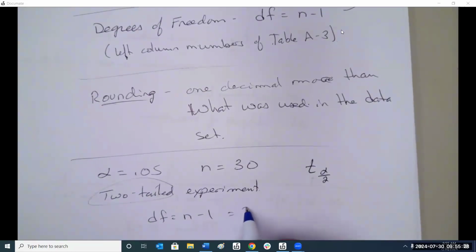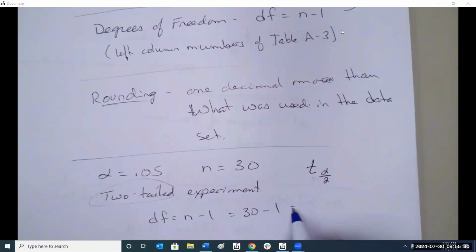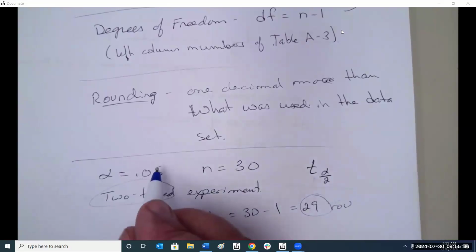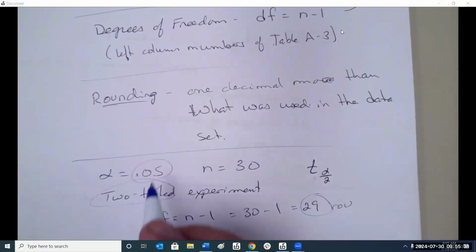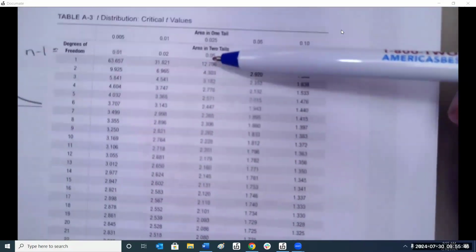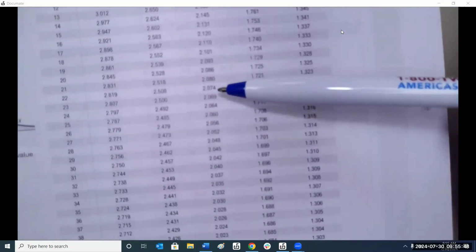N minus 1. We go to this row and this column. So we go to 29, 0.05 is here for a two-tailed test. So it's in this column.